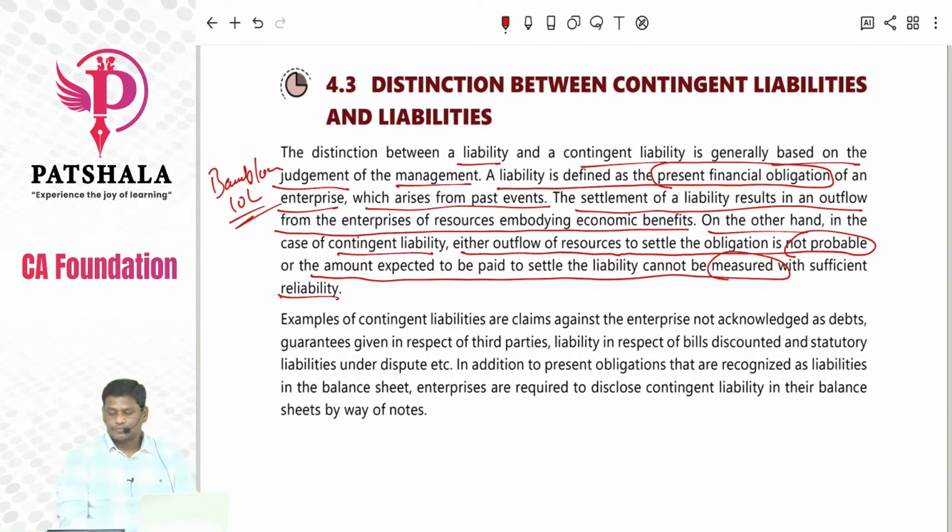Second point, a liability is a present obligation which arises from past events.